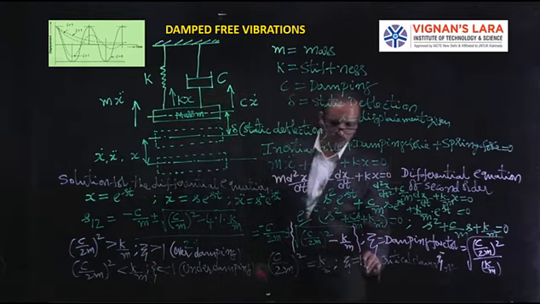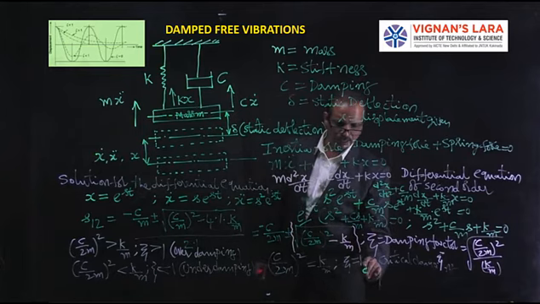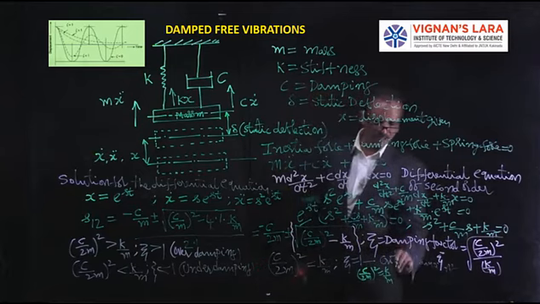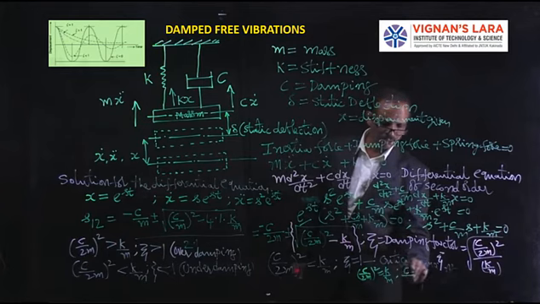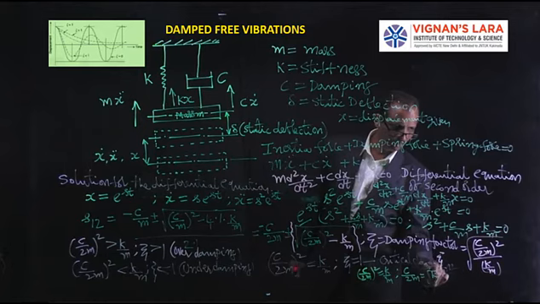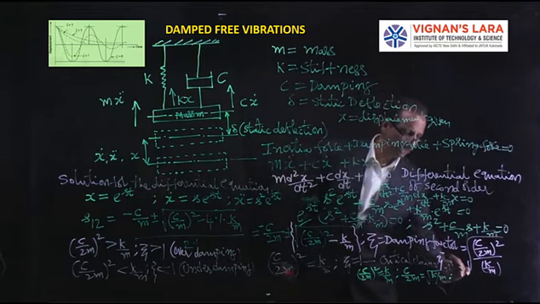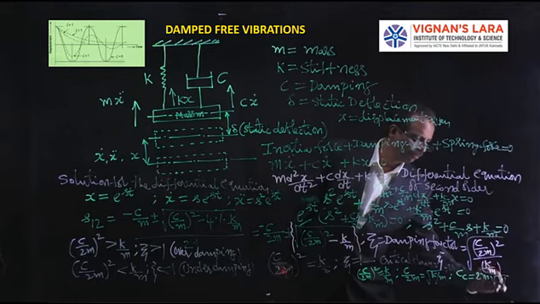That is, (c/2m)² is equal to k/m. If I take the square root, c/2m is equal to root k by m. At this moment, when it is equal, c is called the critical damping coefficient, cc, which is equal to 2m root k by m.